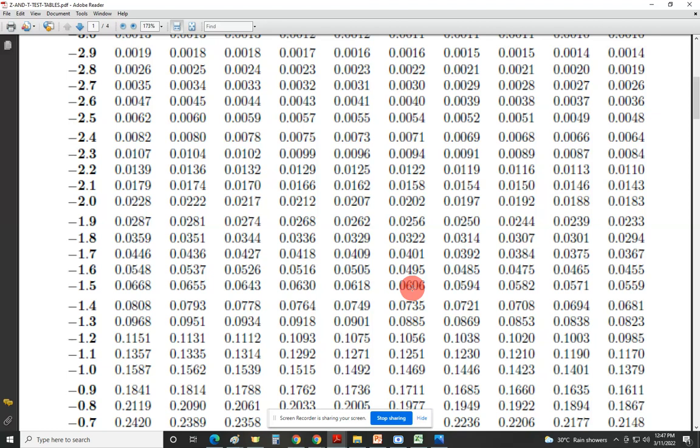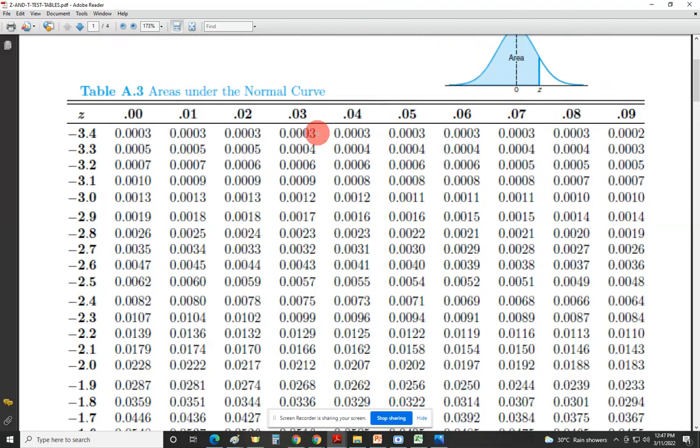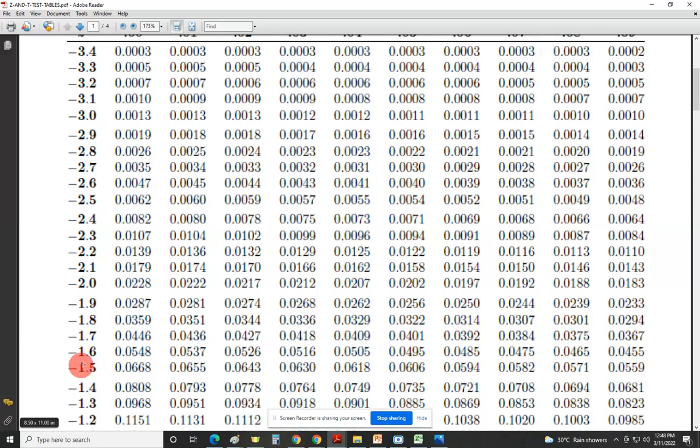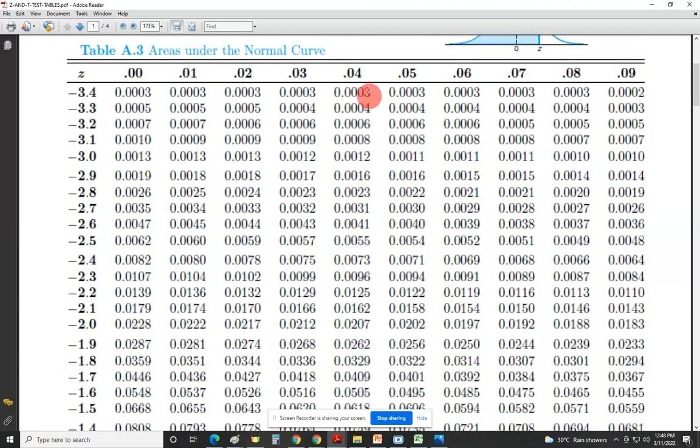Very good, Franklin. Negative. So here, it should be negative on the side, the left side, and negative also on top. Is that clear, class? I hope that's very clear. When your shaded portion is on the left side, both values of z, this is z and this is also z, should be negative. So we add negative 1.6 and negative 0.04, that will give you negative 1.64.